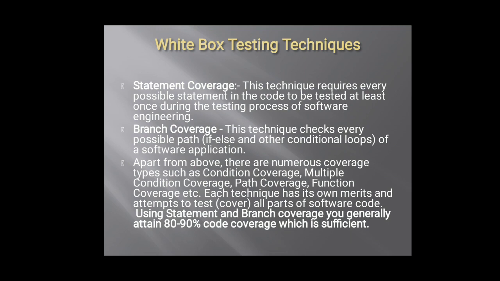An example for statement coverage can be applying a normal condition: if A is greater than B, then C is equal to 0, and when I'm initializing a value, I am incrementing it, and I am declaring and ending it. So this can be termed statement coverage.